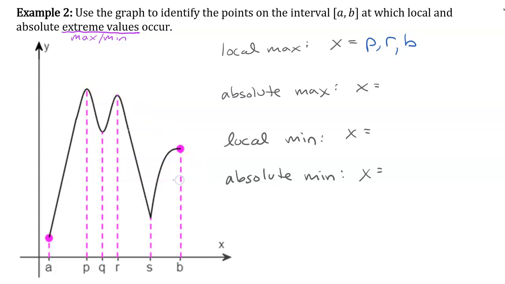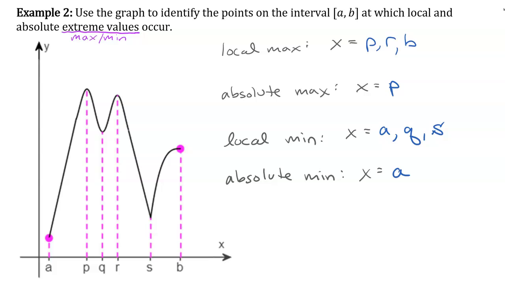The absolute max would be the one that is the largest. So that looks like P to me. The local min would be here, here, and here. So that would be at x equals A, x equals Q, and x equals S. The smallest would be at x equals A.